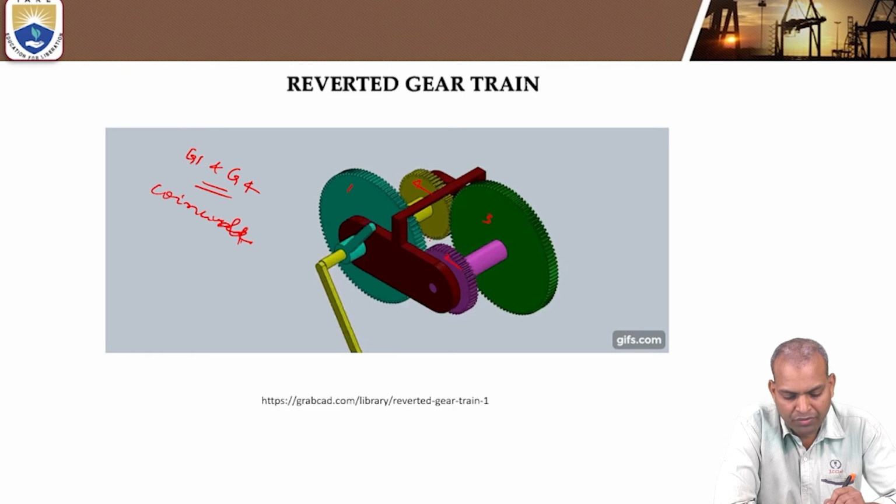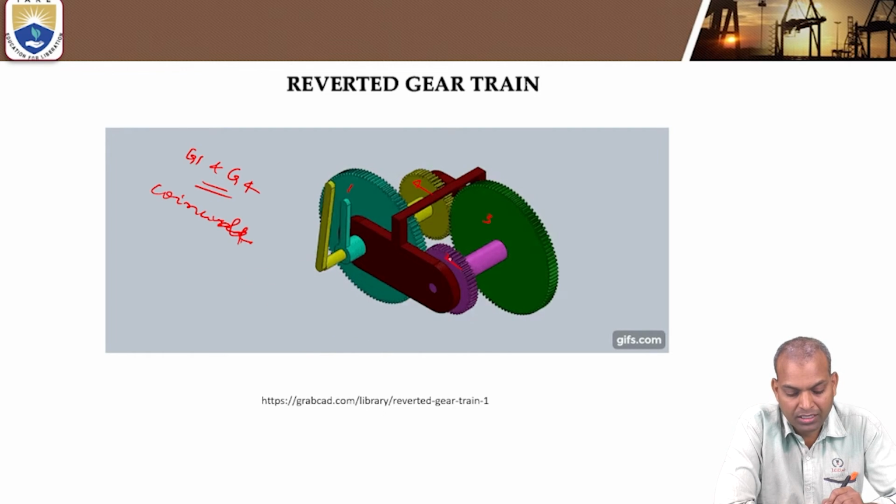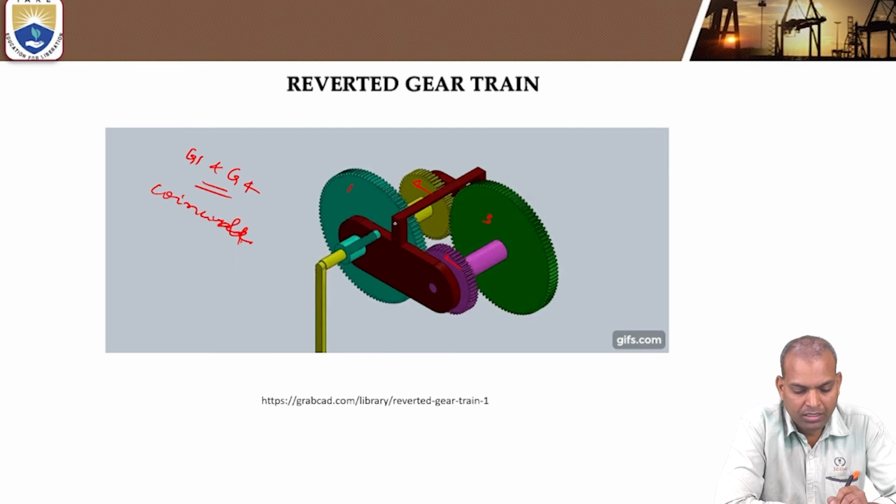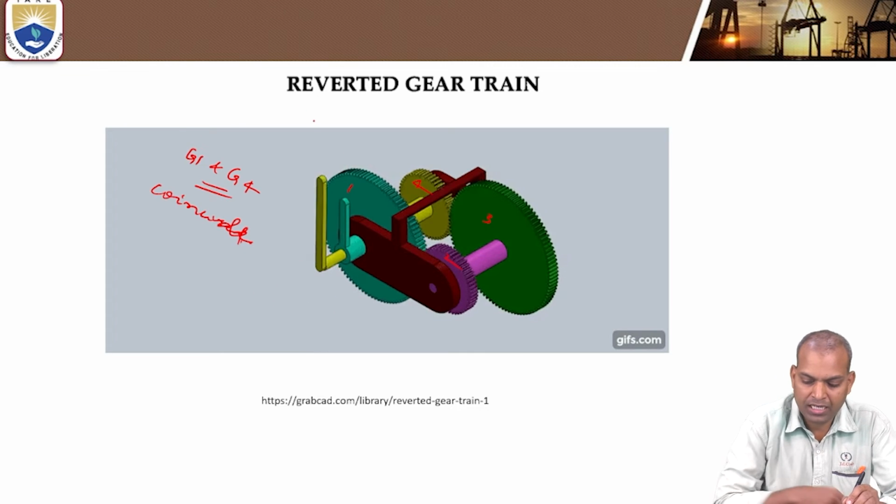But a compound gear train is not necessarily a reverted gear train. So why compound here? There are more than two gears mounted on the same shaft. That's why it is a compound gear. And at the same time, here the axes of gear 4 and gear 1 are coincidental. That's why it is a reverted gear train.